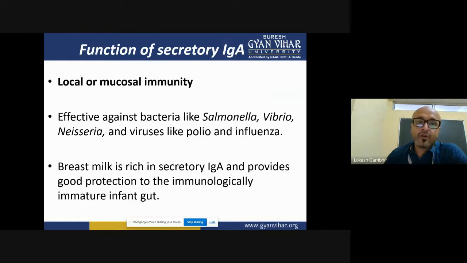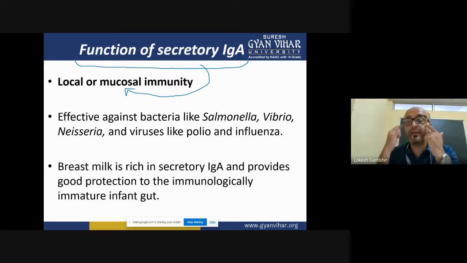So let's talk in brief about the function of this secretory immunoglobulin A compared to the other part. It is responsible for providing immunity in the mucosal part, in the localized region. We are not talking about systemic immunity, we are talking about the localized part. So in tears, if IgA is present, it is providing immunity in that area only.